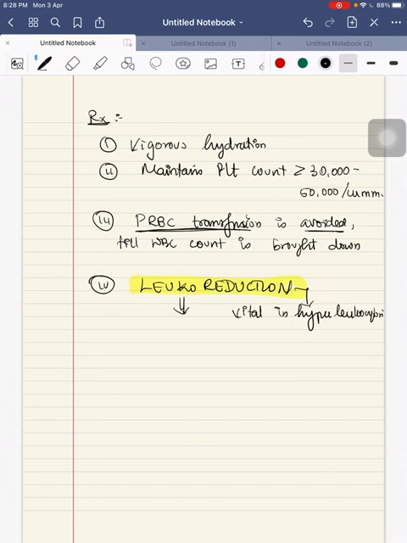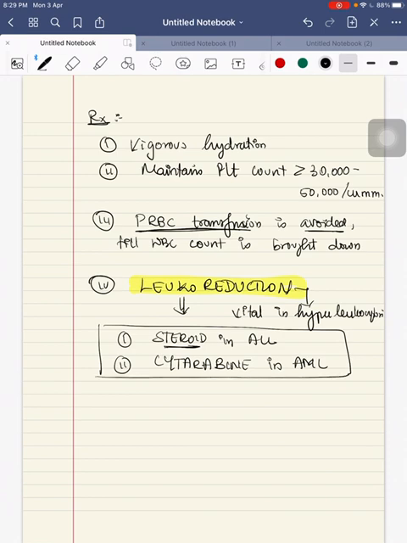For leukoreduction to be done, you need a speedy diagnosis and you should initiate the treatment of the leukemia. So you should initiate what? Chemotherapy. That is, you should initiate steroid in a child with ALL and cytarabine in a child with AML.